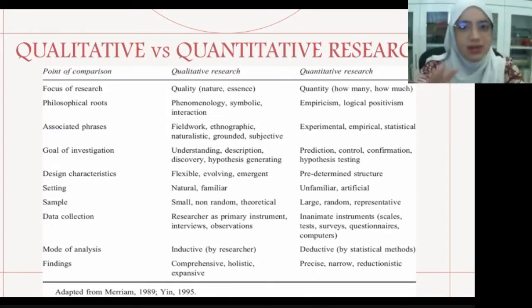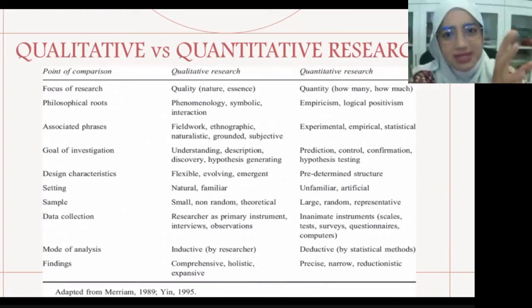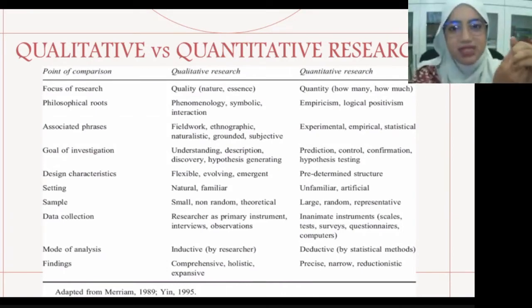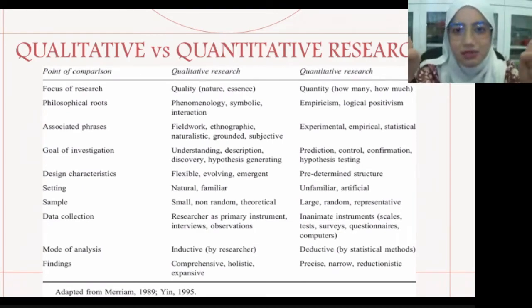So we're more about that investigation kind of thing. Not testing. And our generalization is much more on theoretical generalization, not on sample generalization or population generalization. We don't aim for generalization towards another set of population somewhere else. No, we are actually aiming for generalization of theory.